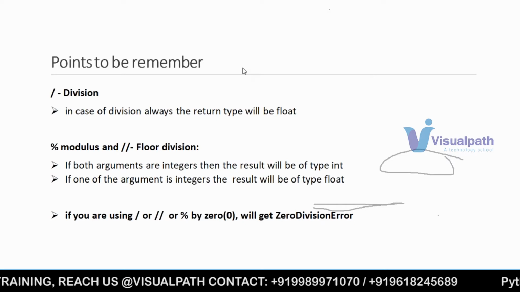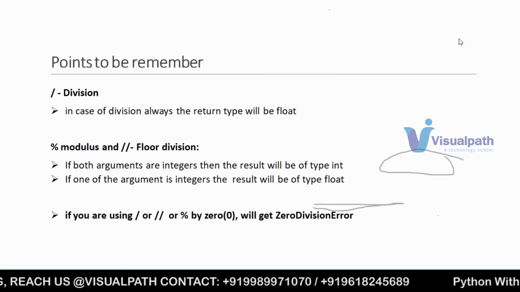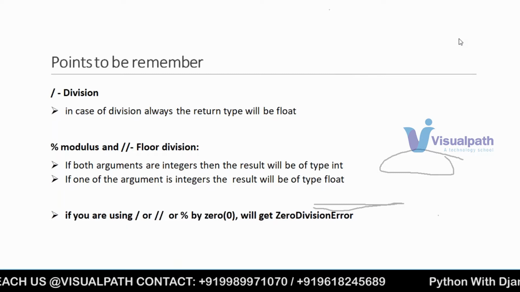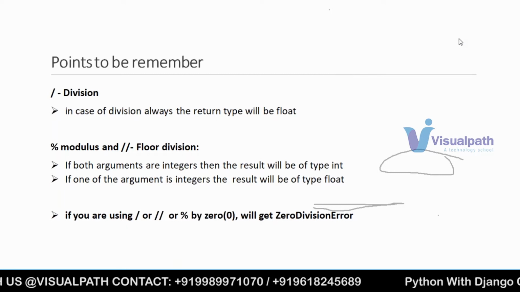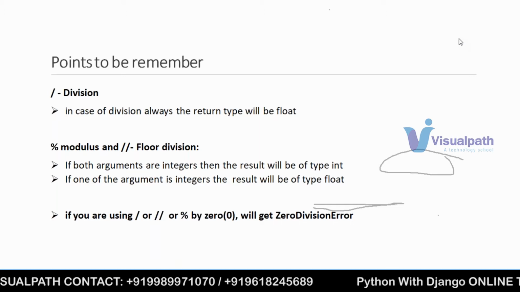Yes, note down these points we discussed yesterday. And the last point: we can't divide anything by zero, we learned that in mathematics, right? Any number cannot be divided by zero.